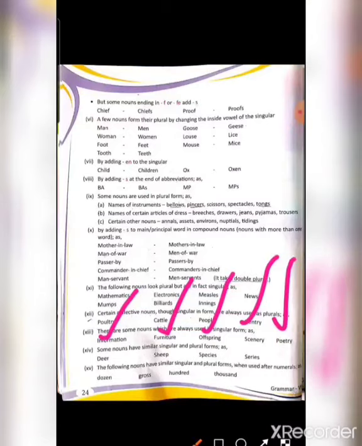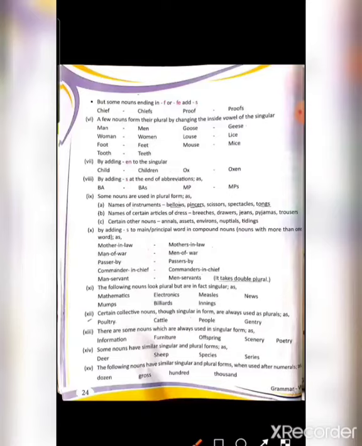Information is gathered. We never say information are gathered, because information is a singular form. Furniture is also always singular. Whenever we have to make it plural, we don't write furnitures, we make it articles of furniture.